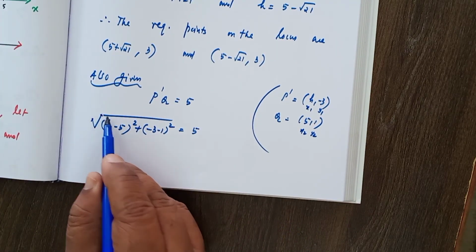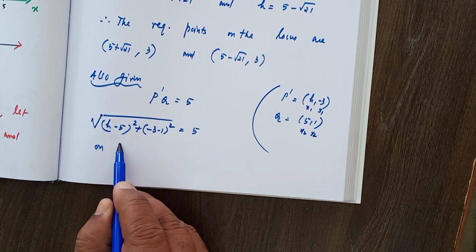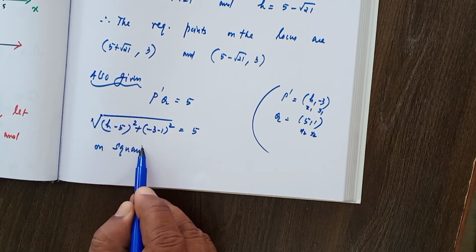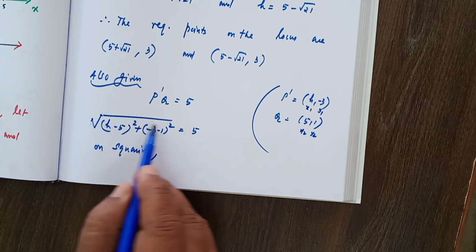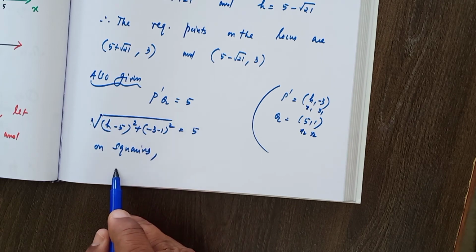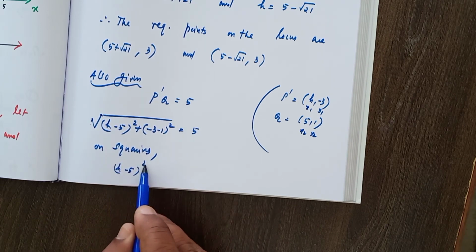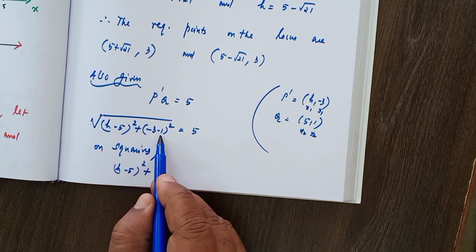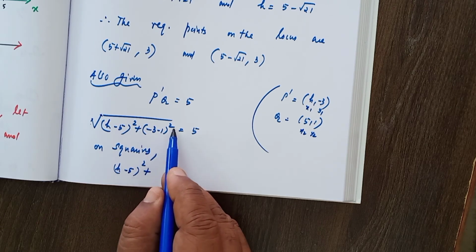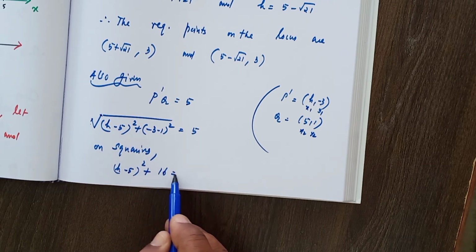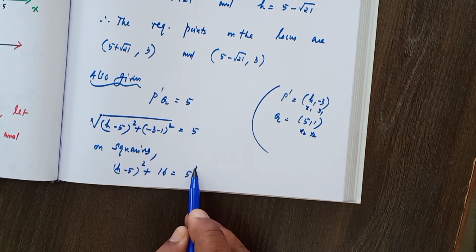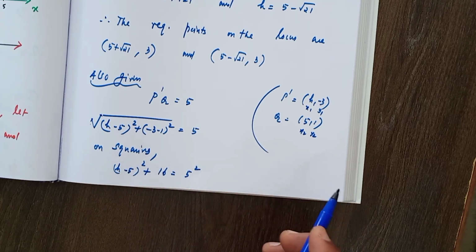For eliminating the square root, we have to take square on both sides. On squaring, automatically the square root will be eliminated. On the left hand side, (h minus 5) the whole square plus (-3 minus 1), that is minus 4. Minus 4 the whole square is 16. Then 5 becomes 5 squared because we are squaring on both sides.